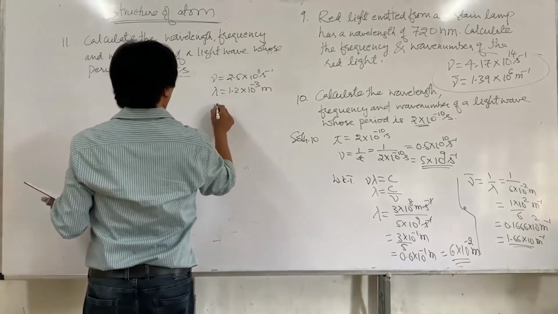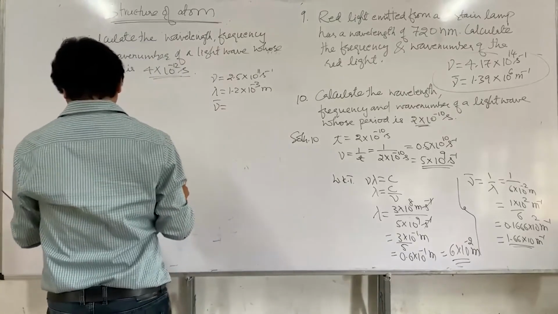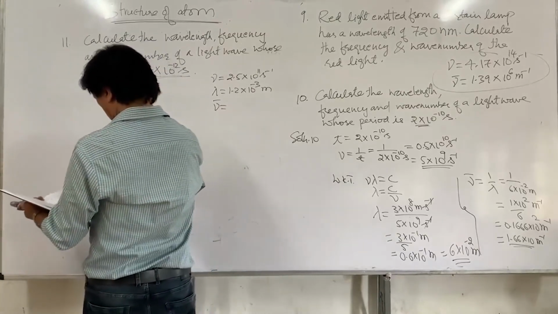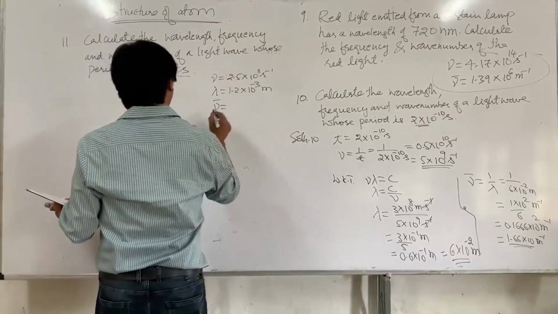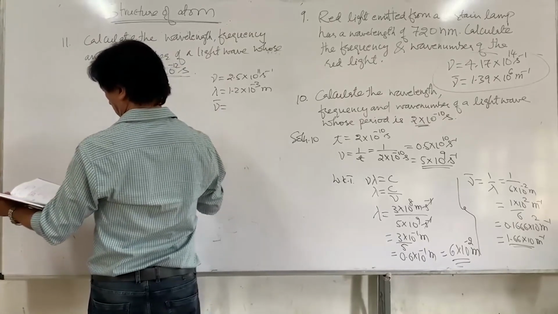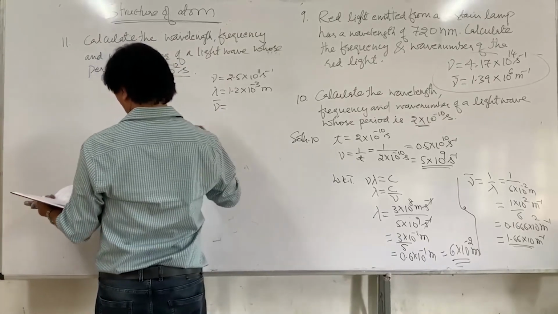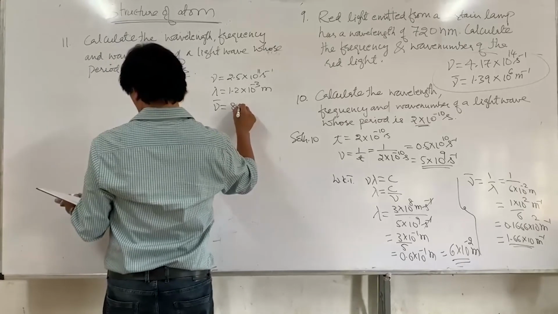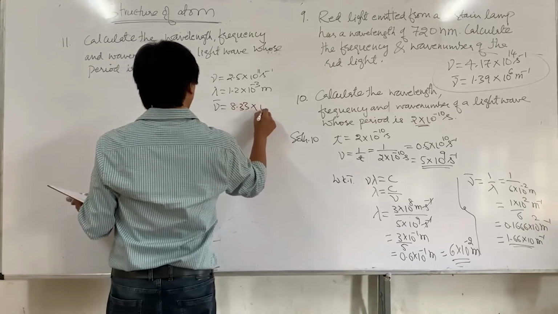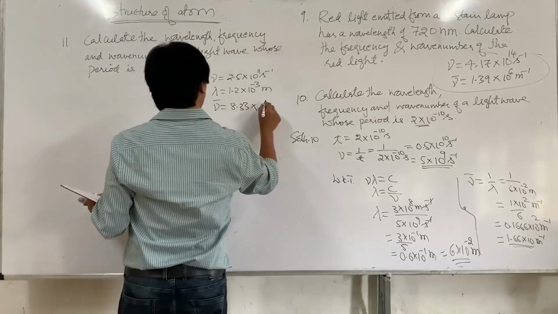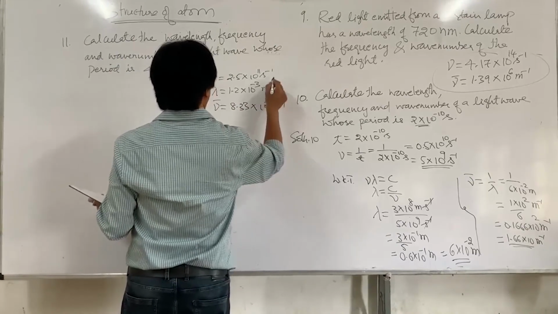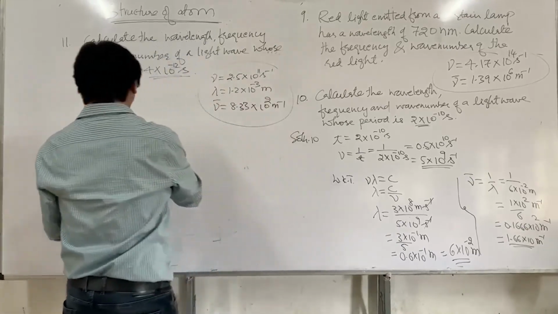And finally the wave number is 8.33 into 10 raised to the power 2 per meter. So these are the expected answers.